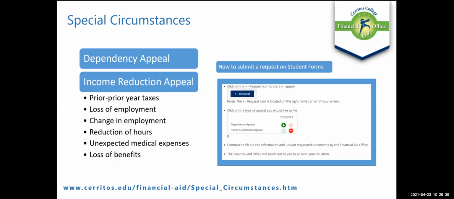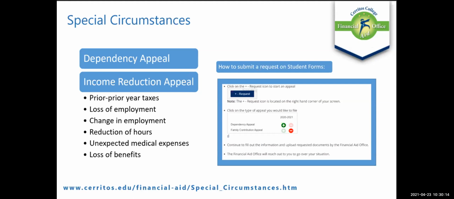The next one is the income reduction appeal. This is for students whose household income situation has changed since the time they submitted the FAFSA information. As I mentioned, they're using the prior tax year, so right now we're using 2019 income information. If you or your parents have had a loss of income, a change of employment, and now they're making less than they were at a previous job, or a reduction in hours, we can consider all of those things, as well as loss of benefits.